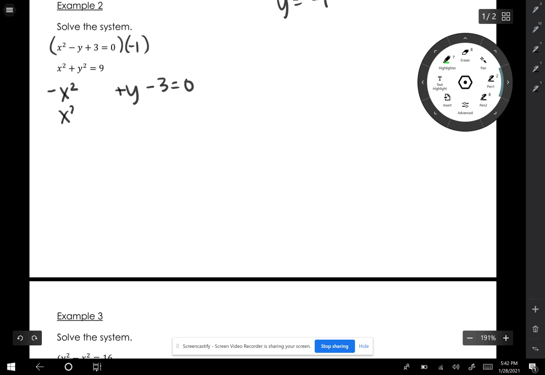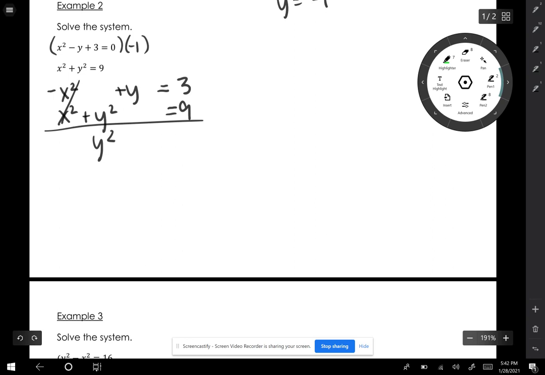And I'm going to put the x squared plus y squared equals 9 here. Now to get these in the same form, I'm going to move that 3 over to the other side. So when I do that, it's going to look like equals 3. When I combine these, x squared minus x squared cancels out.